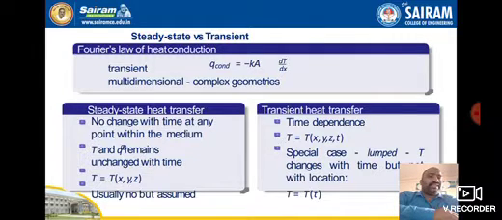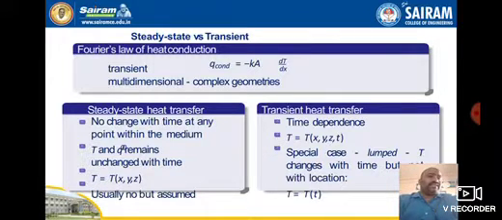So in case of steady state, T and Q remain unchanged with time. But in case of transient, it is a function of x, y, z and t. Here a special case is lumped, where temperature changes with time but without any change in location. In steady state the temperature is usually a function of x, y, z only, but in transient heat conduction the temperature is also a function of time.